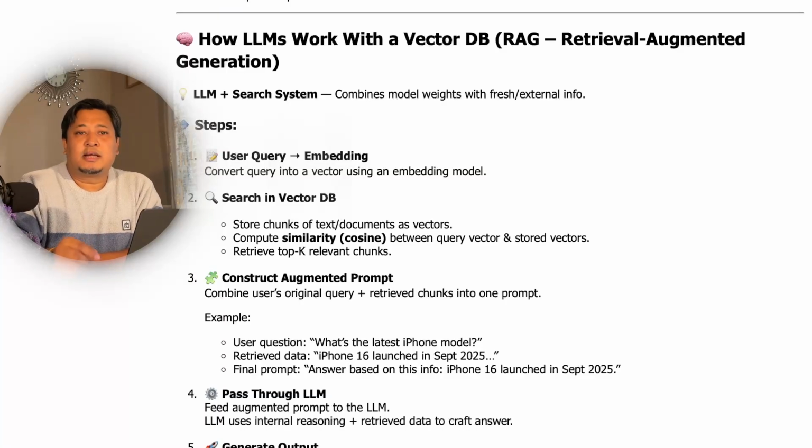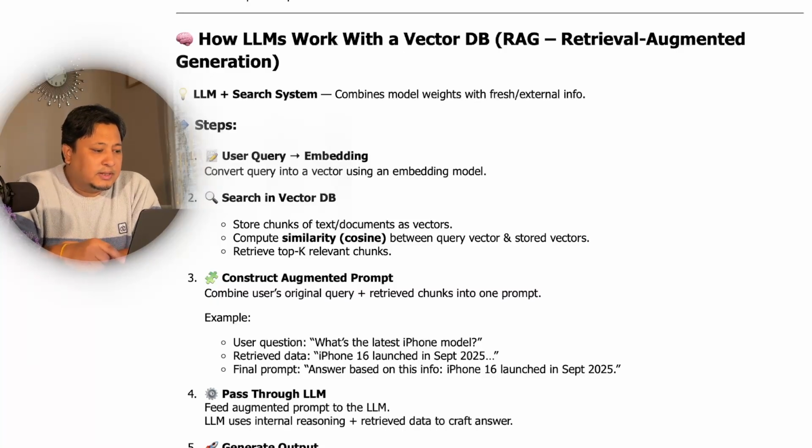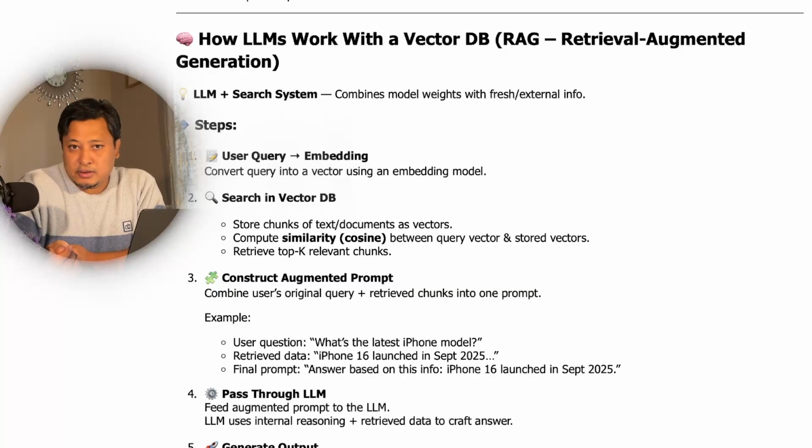Next, let's understand how a vector database and a large language model work together. In this, the first step is the same, which is tokenization and embedding, finding the tokens and the embedded vectors. Once you have the embedded vectors, the second step is to search that embedded vector in the vector database.